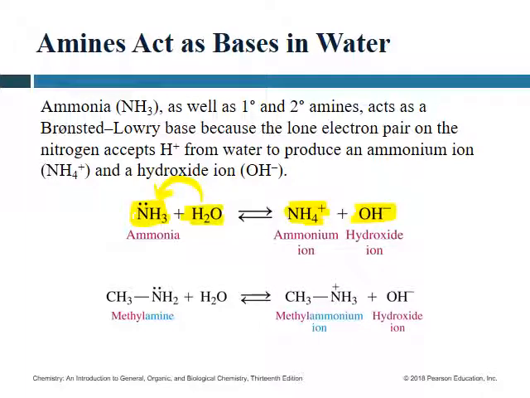One definition of base is that bases accept protons. In this case, a reminder: acids can be defined as proton donors. They donate the proton, or they lose the proton, right?